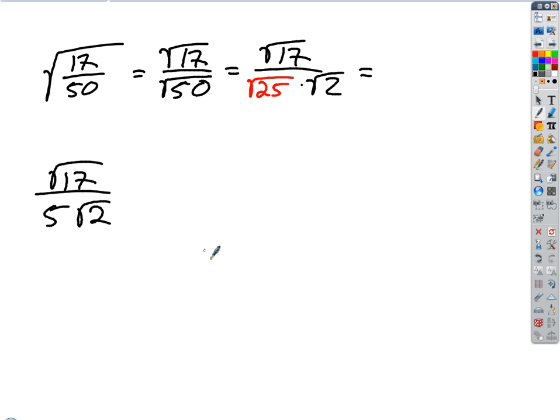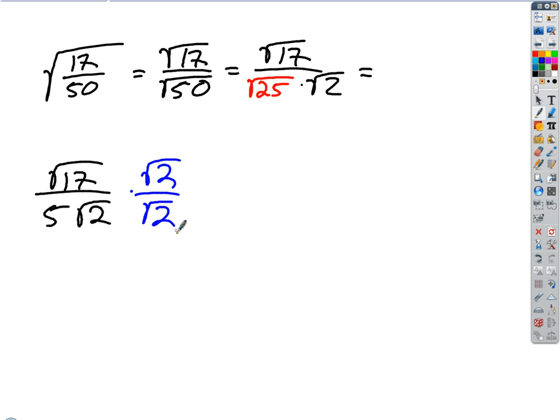Okay, remember what our strategy is. See if we can remember. If I get a stranded square root on the bottom, what do I always do to the top and bottom? Multiply it by the square root. Yeah, good. I just multiply both the top and the bottom by the stranded square root. So in this case, that's the square root of 2. And the reason I do that, on the bottom I've now got 5 times the square root of 2 times the square root of 2.